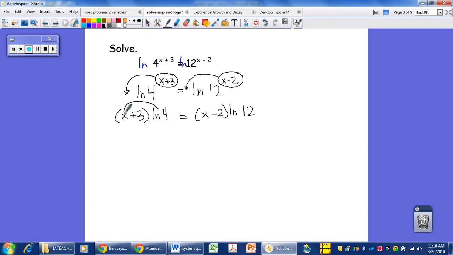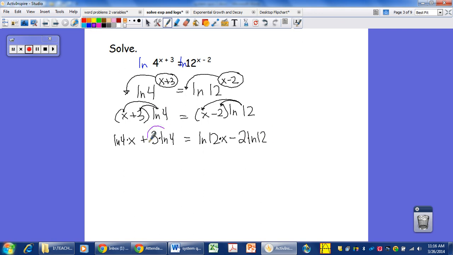So I'm going to distribute this number into both of these parentheses, and likewise over here, distribute the number into the parentheses. So I have the natural log of 4 times x plus 3 times the natural log of 4 equals the natural log of 12 times x minus 2 times the natural log of 12. So remember, all of these things are numbers.